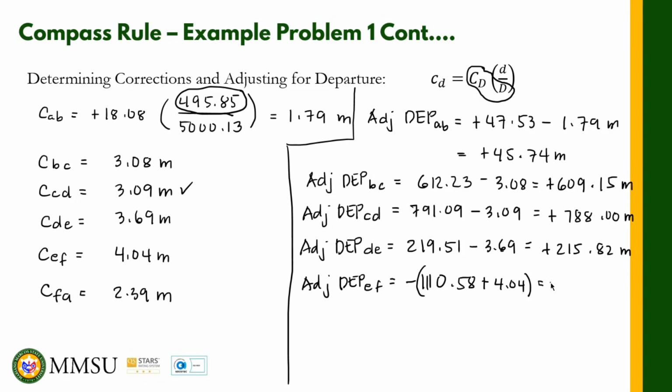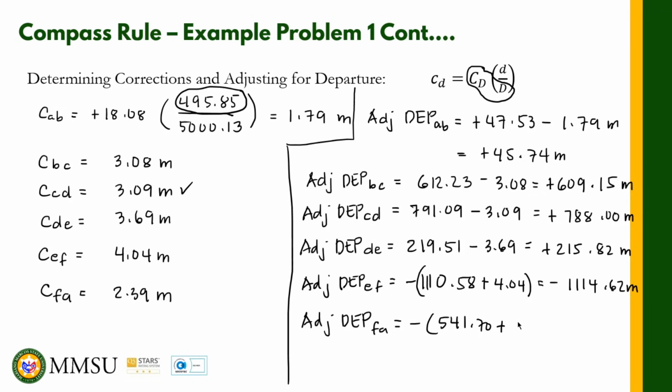Okay, so mas lalaki pa yung absolute value nito, magiging 1,114.62 meters. Okay? And then finally, for the adjusted departure of FA, the original is also negative. Okay, so negative 541.70.